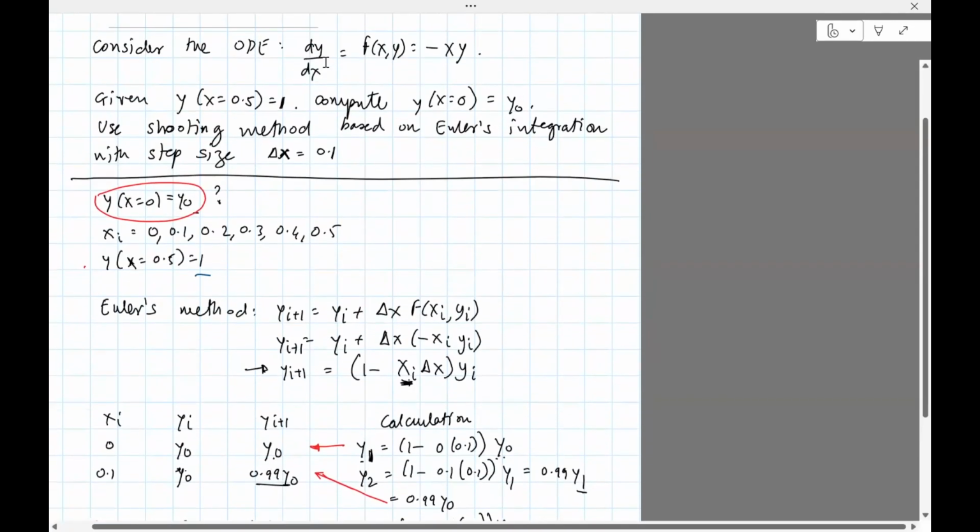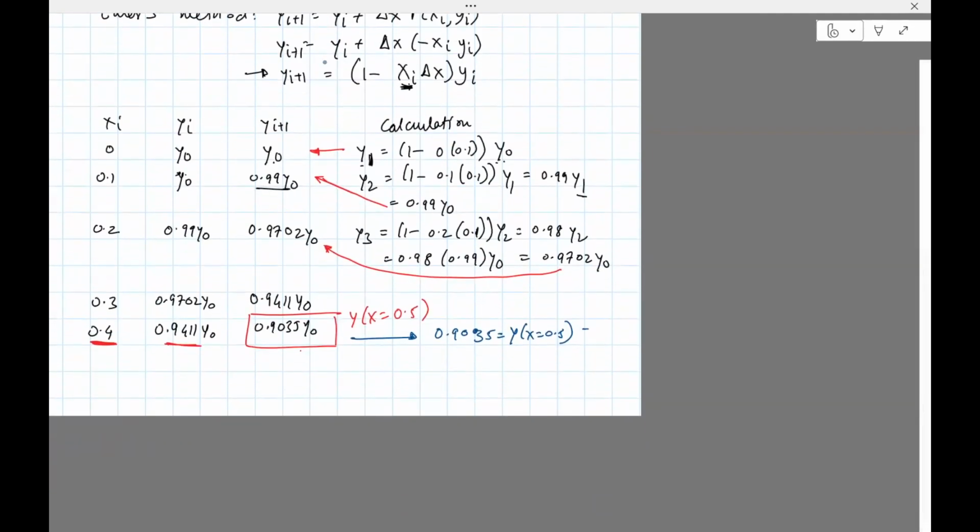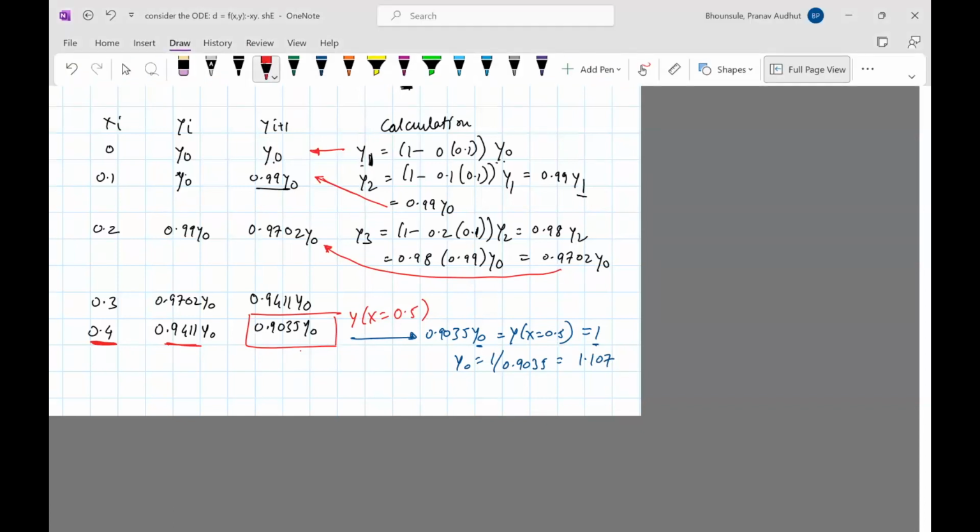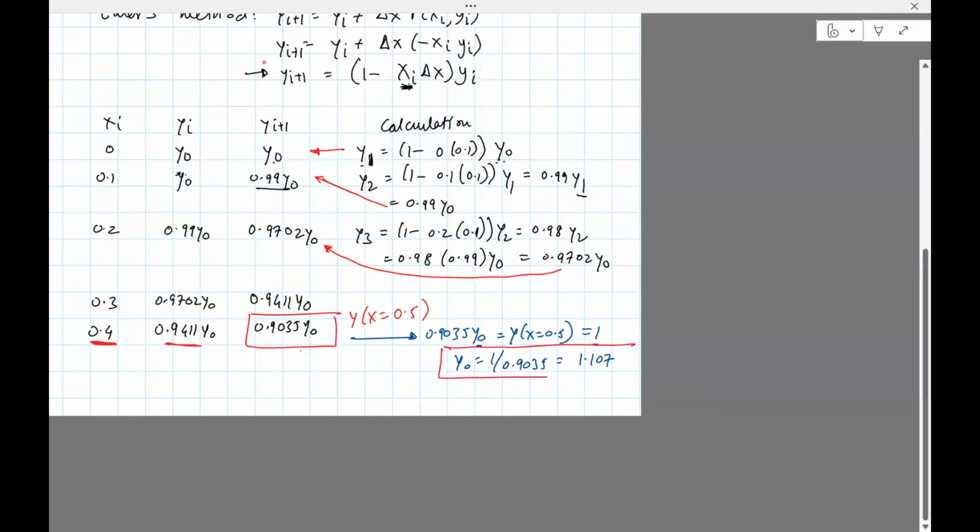It is 1. So we can solve for y0 from this: 1 divided by 0.9035. So that is equal to 1.107. So that is my answer.